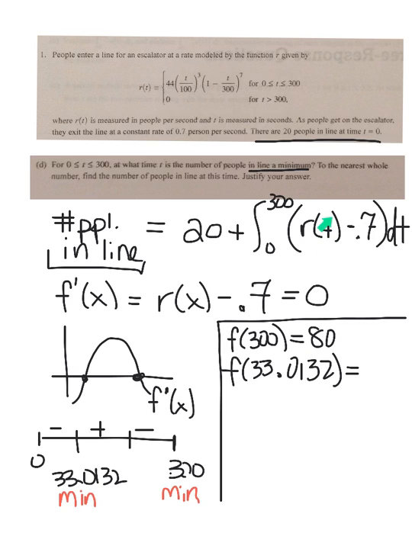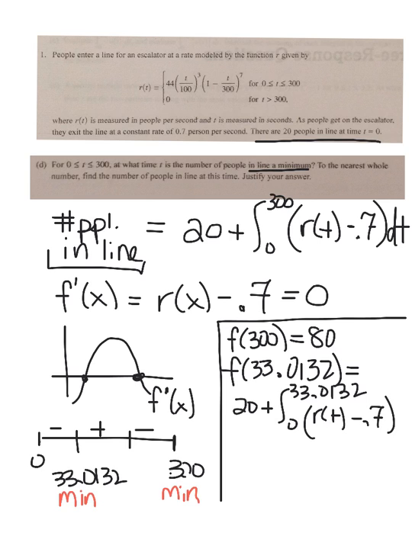Then go to your home screen and do math 9 from 0 to 33.0132. Okay, so again, 20 plus the integral from 0 to 33.0132 of that r of t minus the 0.7.